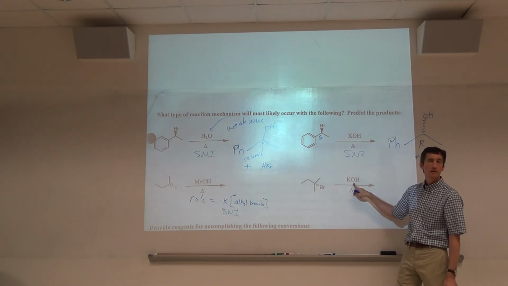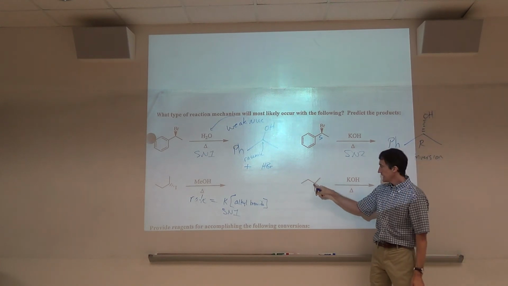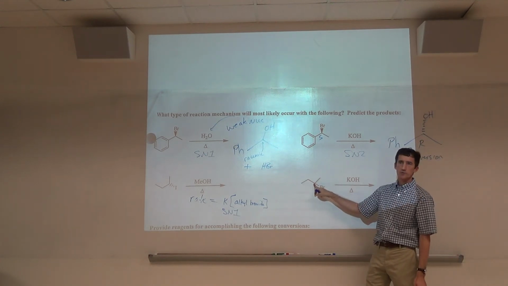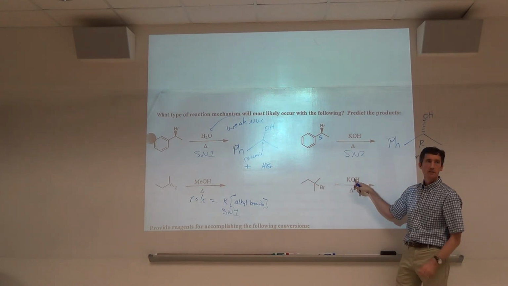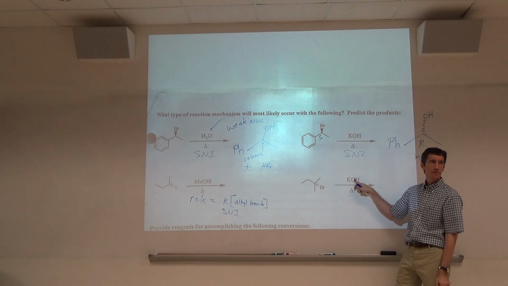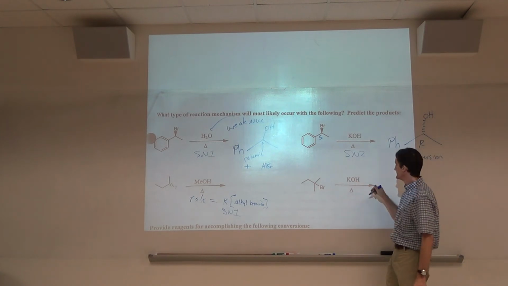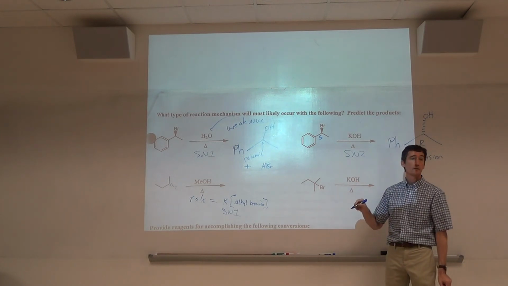So is it going to be SN1 or SN2? Halides on a tertiary carbon: you can't do SN2 on a tertiary carbon. Let's go back. Strong nucleophile means it's going to be bimolecular. But you can't do SN2, so what's the only option? SN1 is not bimolecular.